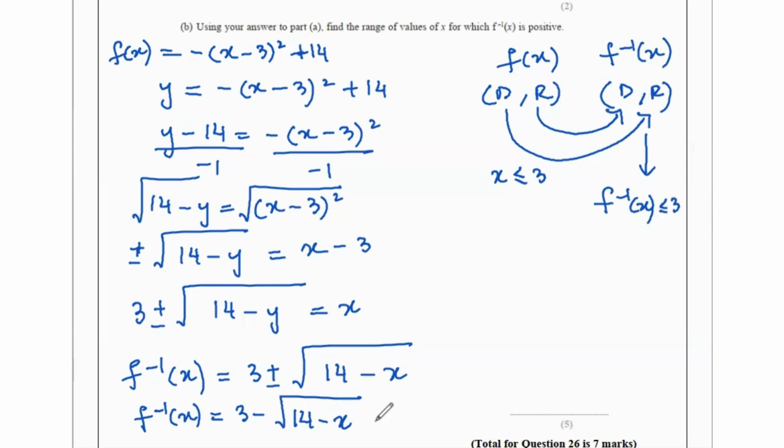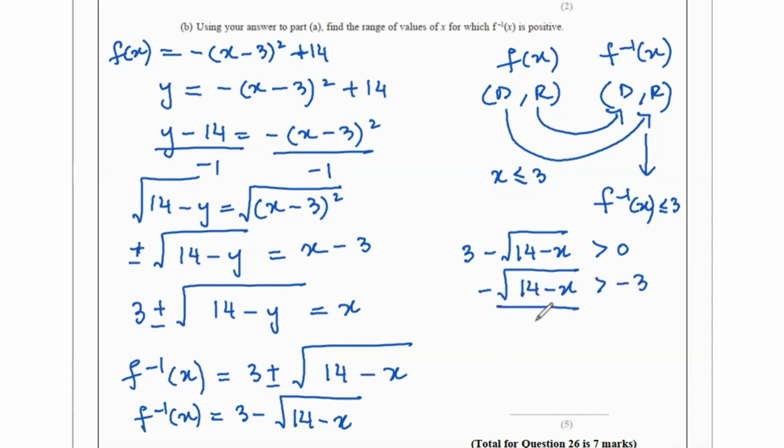Now, talking about finding the range of values of x for which f inverse x is positive, that means 3 minus root of 14 minus x is greater than 0. So negative root of 14 minus x is greater than negative 3. When we divide both sides by negative 1, we flip the inequality.